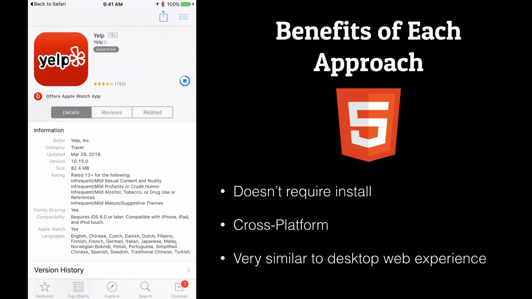It doesn't matter what kind of device you're using, as long as it has a web browser, you should be able to view HTML, CSS, and run JavaScript. Finally, it's very likely that you're able to share some code between your desktop and your mobile web experiences. At the very least, the part of your code that deals with fetching data and doing non-visual things can be broadly used across all of your different experiences.